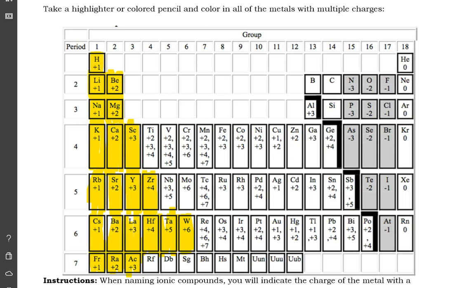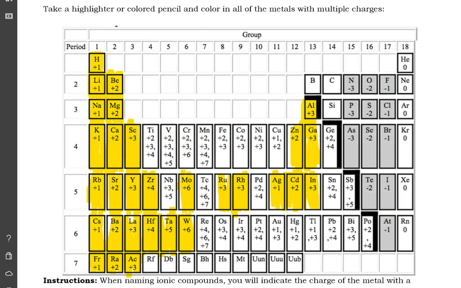So I've just done all the alkali metals, the first few of rows 4 and 5 and 6 of the transition metals. I'm going to do molybdenum, ruthenium and rhenium, zinc and gallium, indium, cadmium, silver, and aluminum. That would appear to be it.